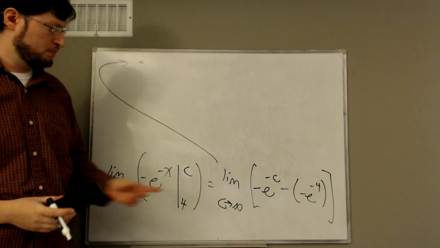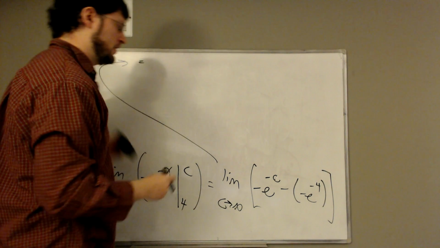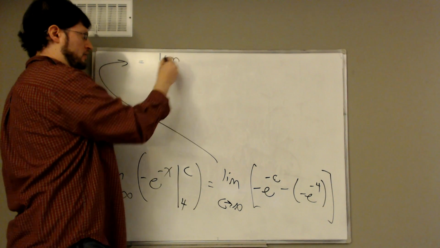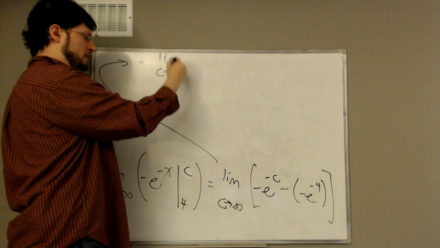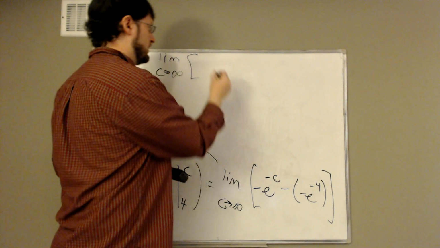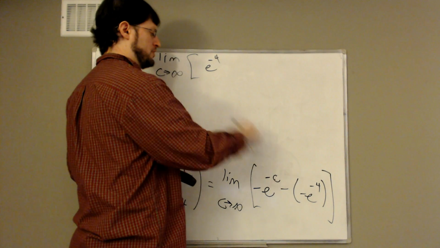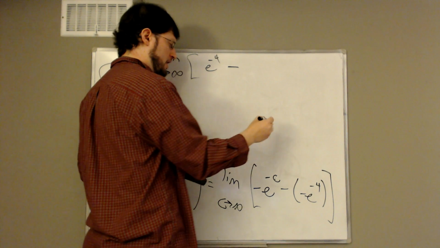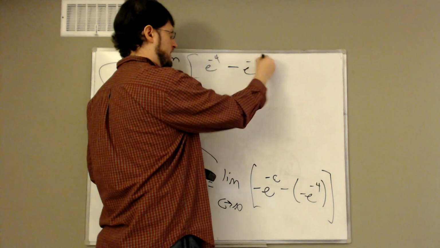Let's simplify. This makes a plus, so that's positive e to the minus 4. I'm just switching the order so the minus comes second, minus e to the negative c.